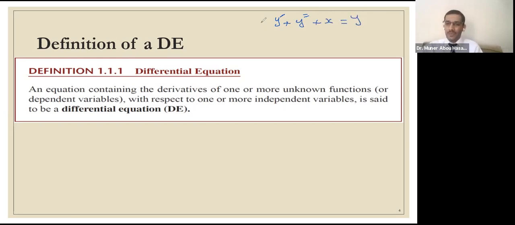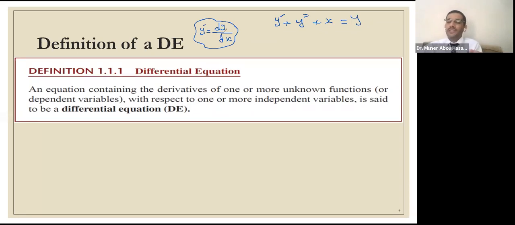So this equation, notice here Islam said that y prime is the first derivative of y with respect to x. So it is dy over dx. I call it a prime or dash, you are free. Now this equation, because I have an equal sign here, is a differential equation. I call it a differential equation because it contains the derivative of the unknown function.